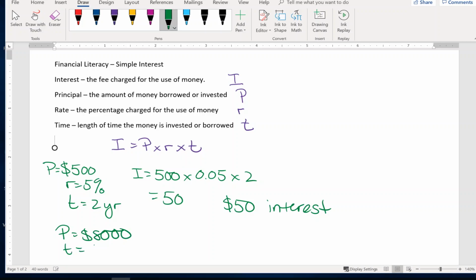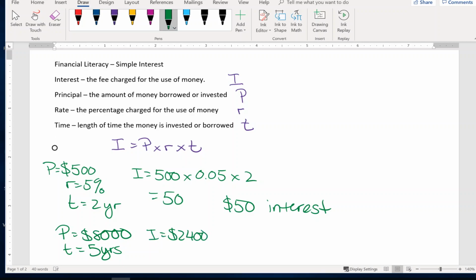So our time is 5 years. And it says that the interest on that amount will be $2,400. That's how much you have to pay for borrowing $8,000 over 5 years.